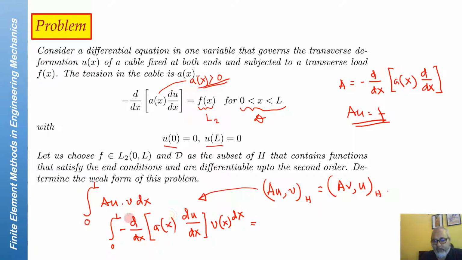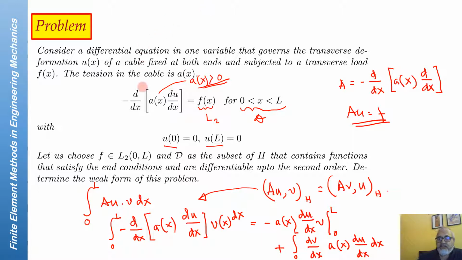First, we integrate this, so we will get minus a(x) du/dx times v at 0 and L, plus, so the minus and the minus become plus, and we are left with the integral from 0 to L. Now the derivative of this, dv/dx, times a(x) du/dx dx.